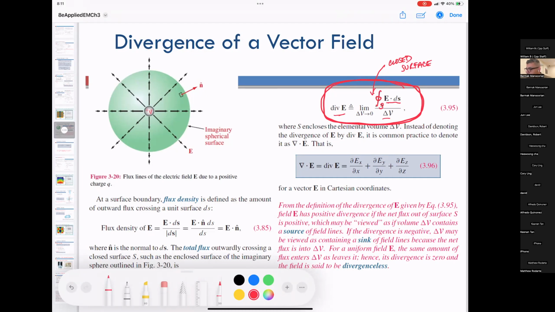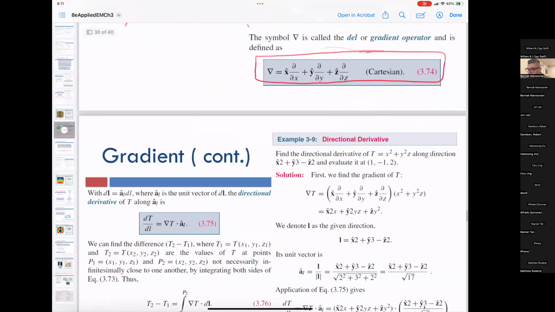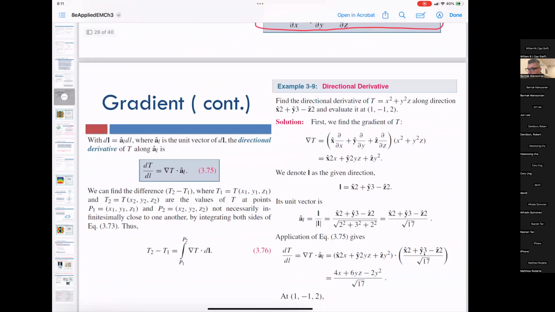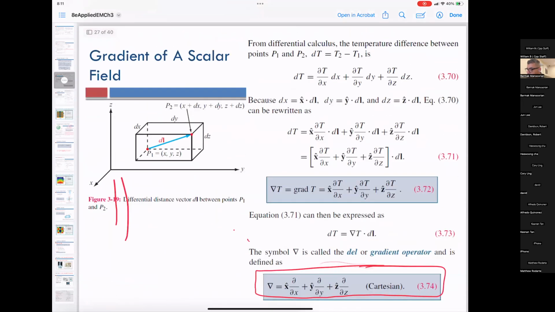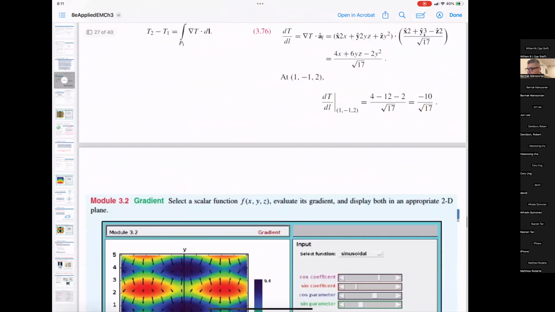In Cartesian coordinates, the divergence of a vector field is the derivative with respect to x, y, and z of that field in the respective directions. Remember that we said the result of the gradient operation is a vector, and you do the gradient operation on a scalar field.